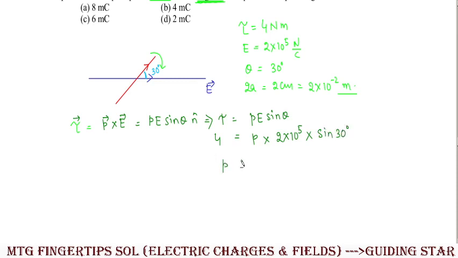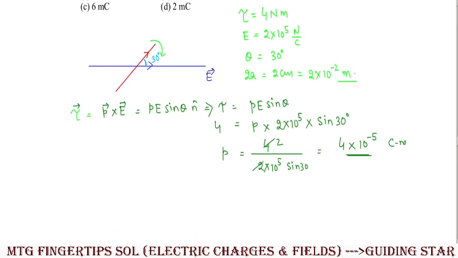That means the value of p will be 4 upon 2 into 10 to the power 5 into sine 30. Sine 30 is 1 by 2, so the 2 gets cancelled. It will be 4 upon 10 to the power 5, that is 4 into 10 to the power minus 5. So the dipole moment we get is 4 into 10 to the power minus 5 coulomb meter.